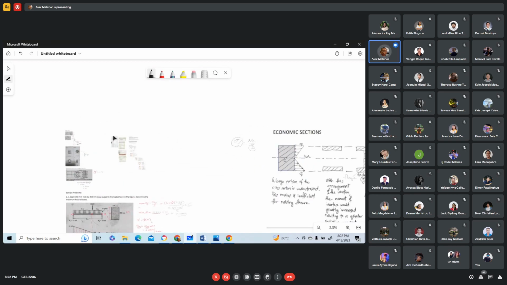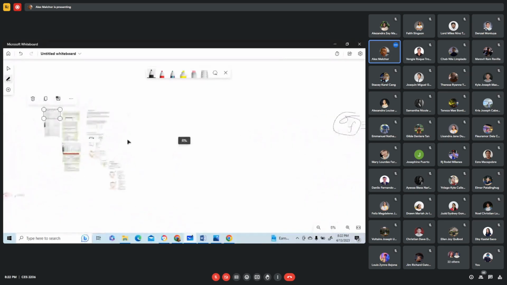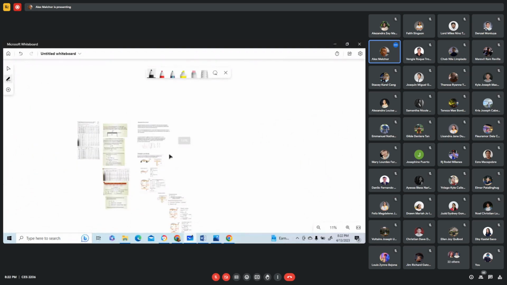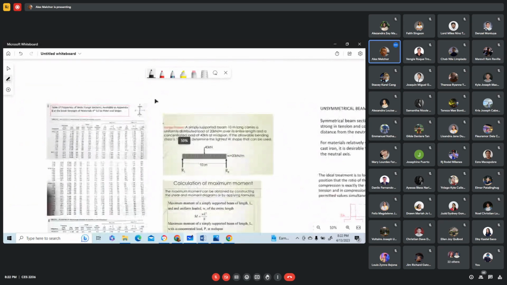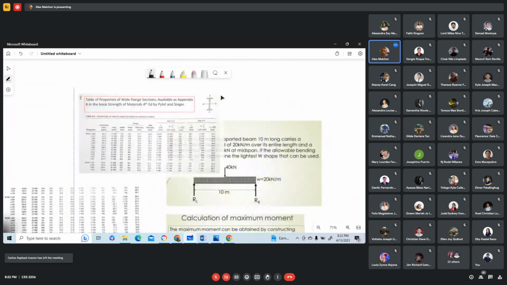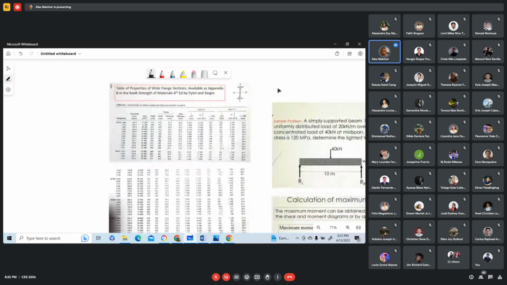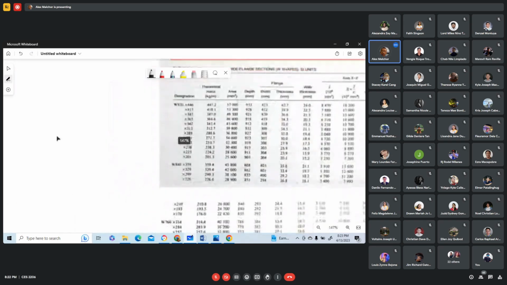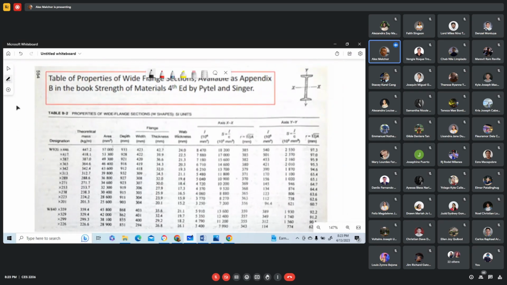By the way, these are the list of the wide flange sections. This one here is found in the appendix.